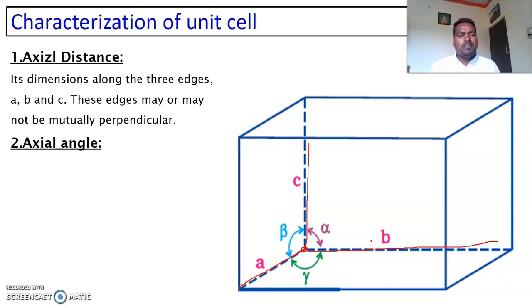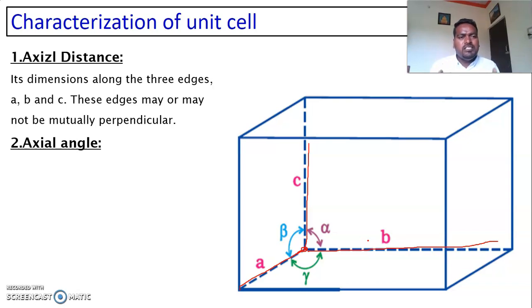Why? Because this axial distance is not the same for all cubic crystals. It depends on the nature of the atom which is involved in the formation of a crystal, the nature and the size of an atom. If the size of an atom varies, this distance varies.